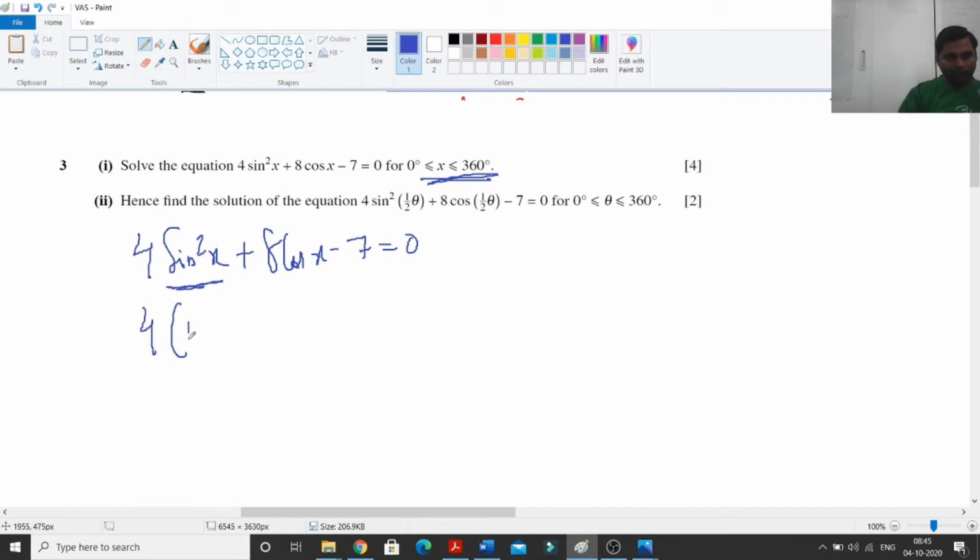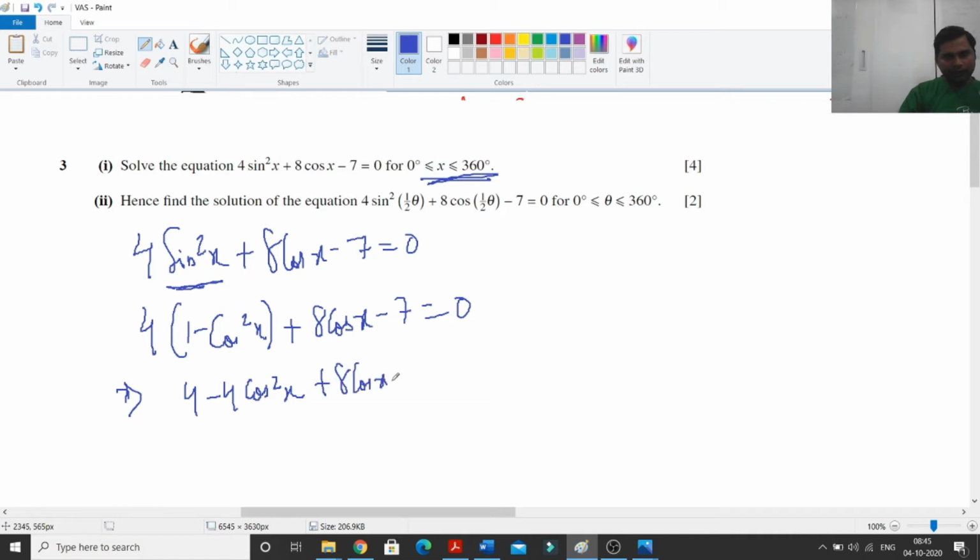So 4 sine square x we can write as 1 minus cos square x, plus 8 cos x minus 7 equals 0. So that will give you 4 minus 4 cos square x plus 8 cos x minus 7 equals 0. So from here we get minus 4 cos square x plus 8 cos x minus 3, since minus 7 plus 4 is minus 3, equals 0.